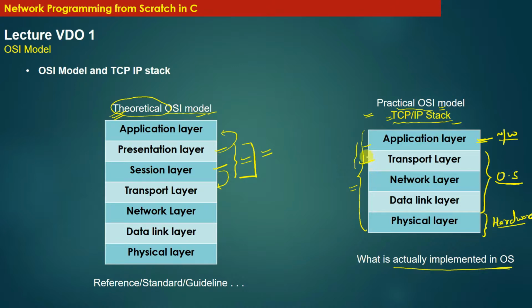So to summarize, the transport layer, network layer, and data link layer are part of your operating system. As a developer, you don't have to write any code which implements these three layers, but of course there are APIs exposed by the operating system which you will use in your application to harness the functionality of the transport layer, network layer, and data link layer.